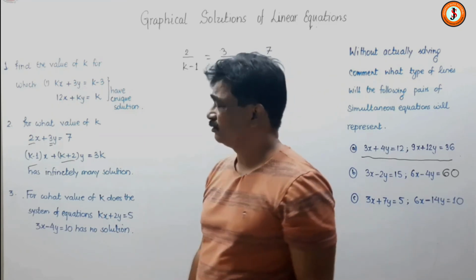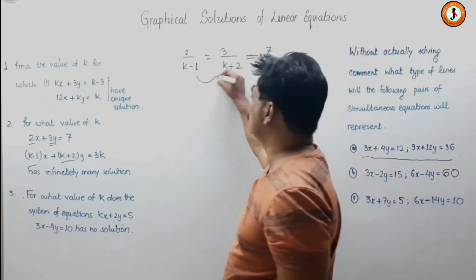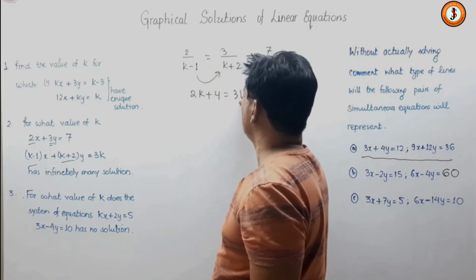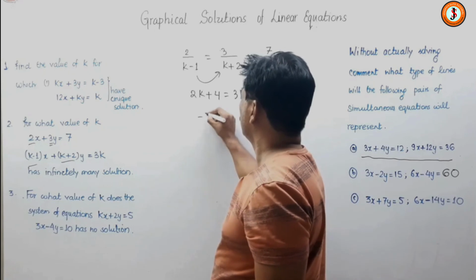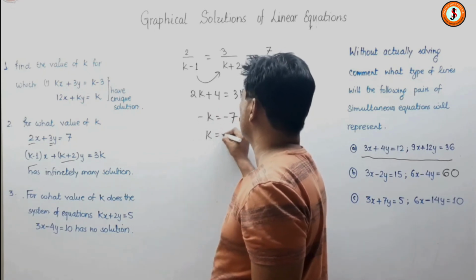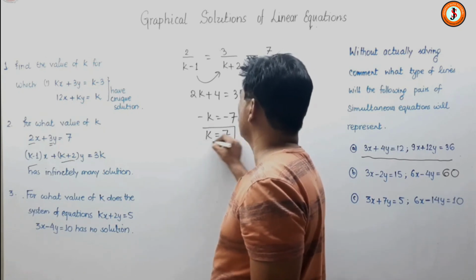So now we can solve first these two. So it will be 2k plus 4 is equal to 3k minus 3, minus k is equal to minus 7. So k is equal to 7. This is what we are getting.